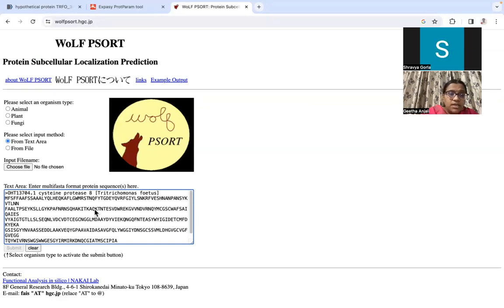And you have to submit. The one parameter you should check here is whether the protein sequence you are going to analyze belongs to animal, plant or fungi. So now you tell me, this protein that you are going to analyze belongs to animal, plant or fungi. Which one do we have to choose? Animal.